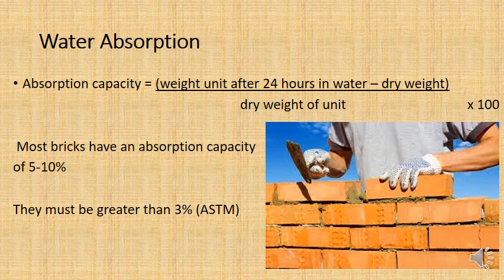This is the surface dry saturated state. Okay? And then you subtract the dry weight. So this is the weight of the brick when it's oven dry. There's no water in it. So that numerator there is basically the mass of the water inside the pores. And then you divide it by the oven dry weight, and you multiply it by 100, and that gives you the absorption capacity. You've seen that formula before.